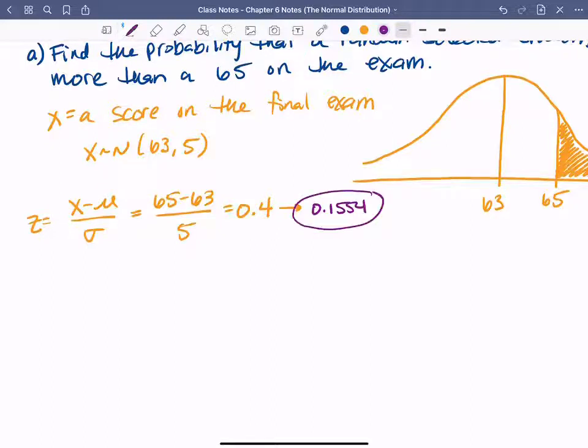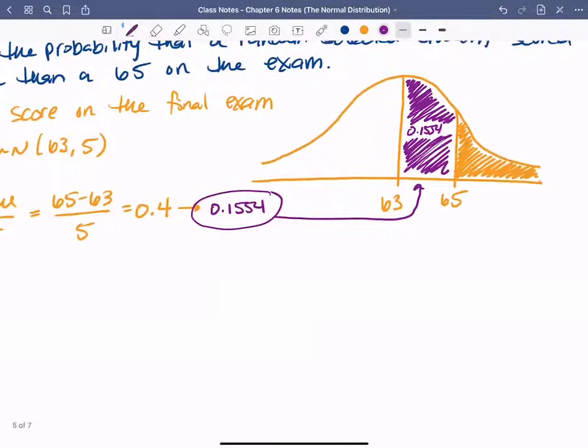This is all right here, this shaded spot. So with this being 0.1554 and that shaded, we don't want that shaded.